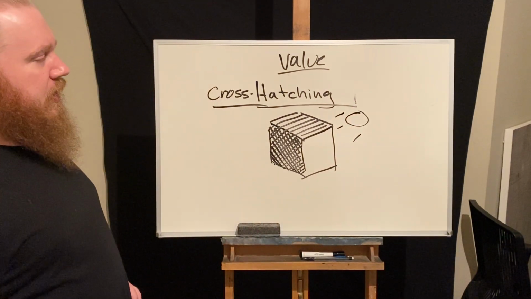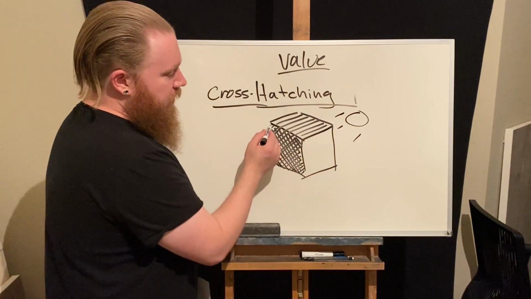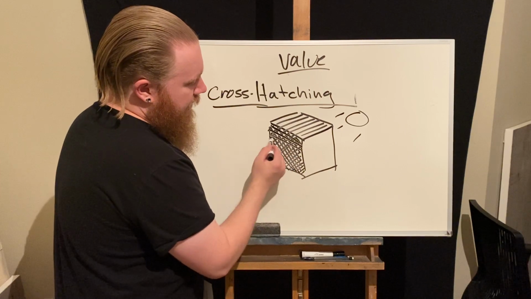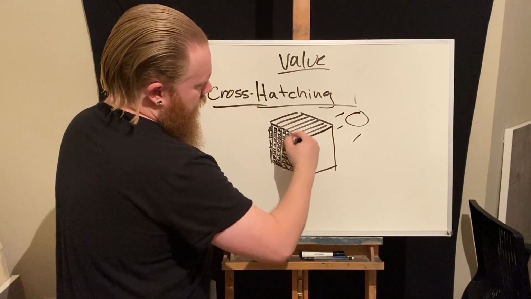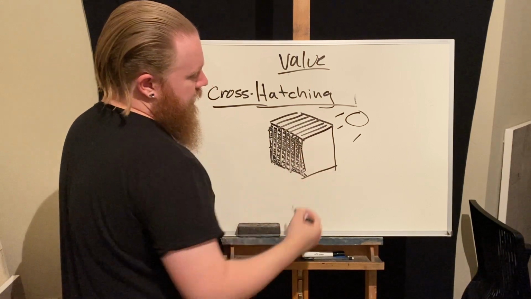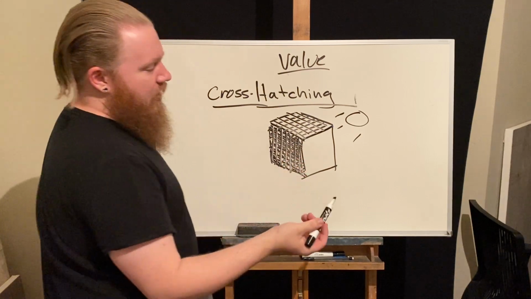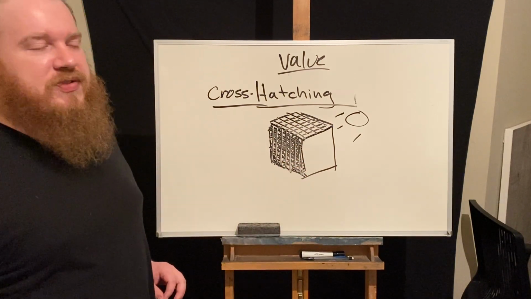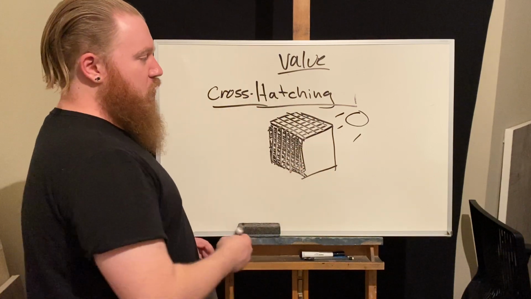But this is interesting in that we don't necessarily only have to do this once. We can also come back in and just keep doing it over and over again. And once again, this isn't the best example, and obviously this works a lot better with pencil than it does with a marker on the eraser board here.